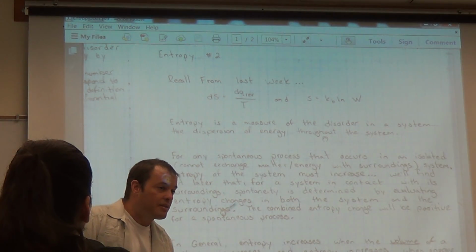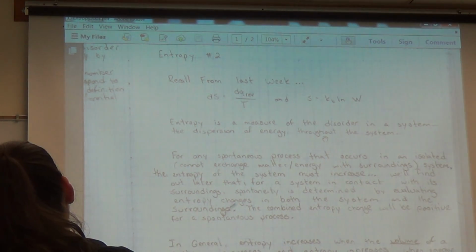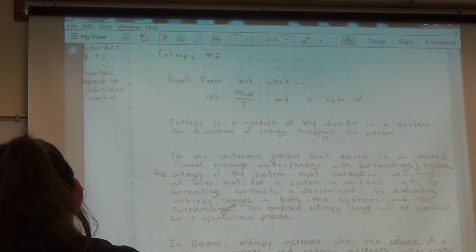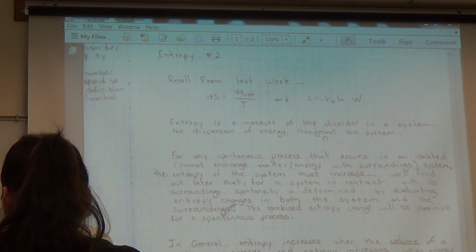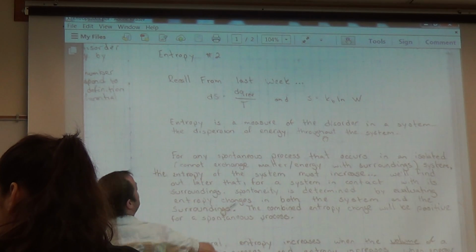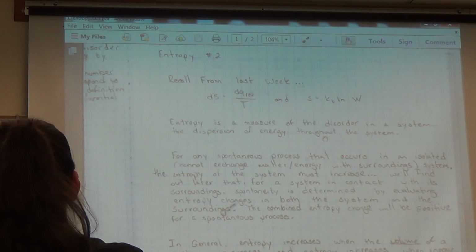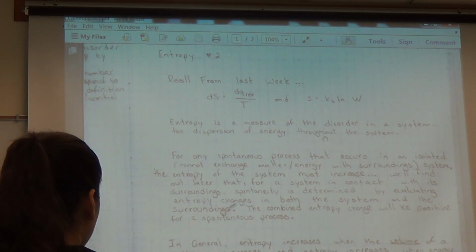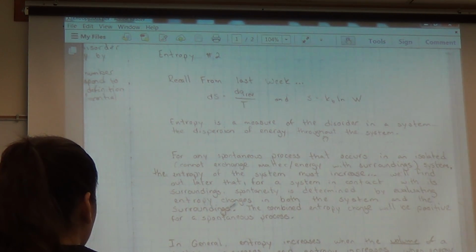And we know that state functions have the property that the integral around a closed path for a state function is 0. So that pointed out to these guys that they were dealing with a new kind of state function. We end up writing the differential of the state function, dS, is equal to dq reversible over T. The Carnot cycle, all the steps were reversible, and so that state function S, the integral of dS is 0, but only if you trace it along a reversible path.